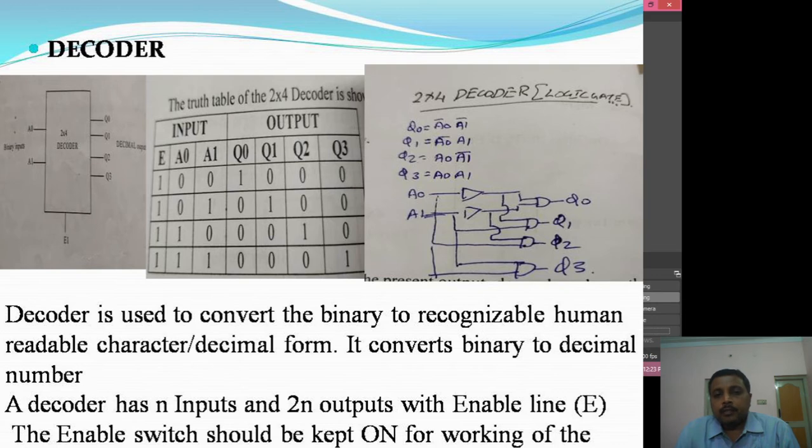And finally, the last inputs, when both the inputs are 1 and 1, the inputs to Q3 are A0 and A1. Since 1 and 1 is coming, we are using an AND gate, so 1 into 1, output Q3 is equal to 1, whereas the remaining outputs are going to go for 0.